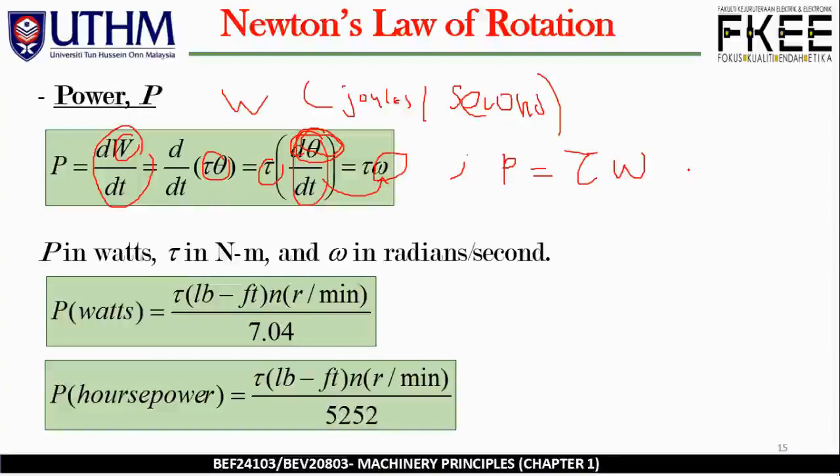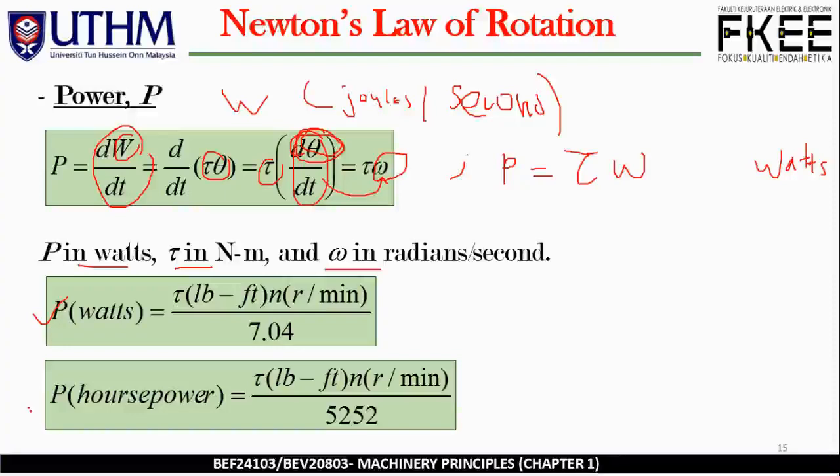And of course the unit: P in watts, torque in Newton meter, and omega in radian per second. This is how we write the equation in terms of watts.